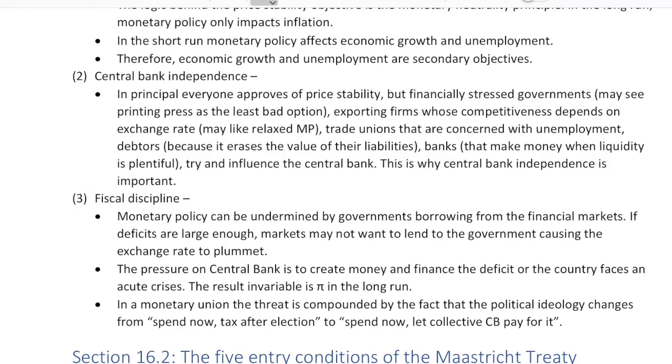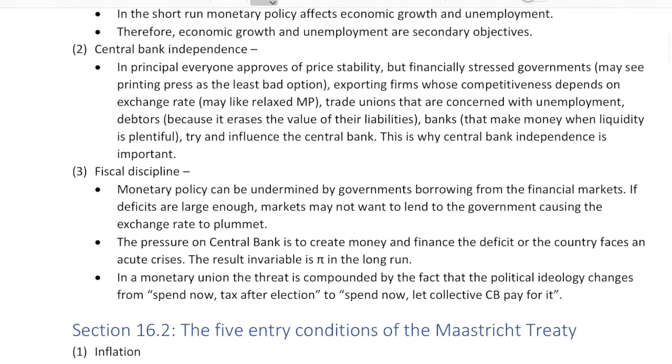For example, if you're a financially stressed government, then you may see that you might as well print as much money as you can, because that's the least bad option as opposed to taxing people. So you print money to make your own money and then use that to spend in the local economy as opposed to taxing people.